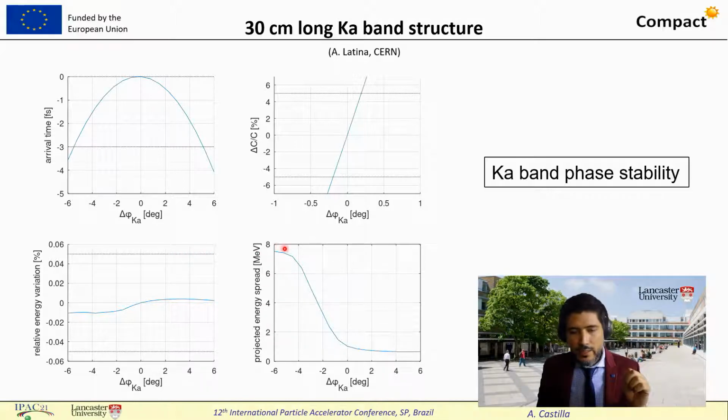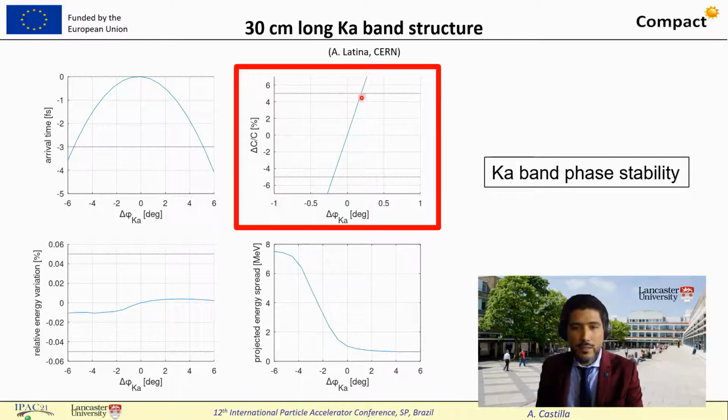The projected energy spread, we cannot even see here the lines. However, for the charge distribution, we have a quite tight restriction, which is telling us that we cannot oscillate more than plus and minus 0.2 degrees for the phase. So this is quite tight restriction.